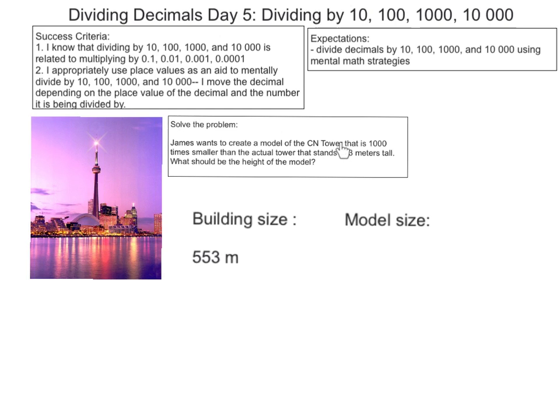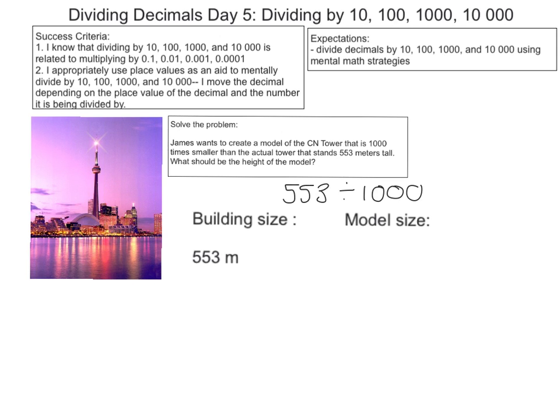Well, we know that the building itself is 553 meters tall, but James wants to build a model that is 1,000 times smaller. So what is the equation that we have to turn this problem into? The equation would be, what is 553 divided by 1,000?